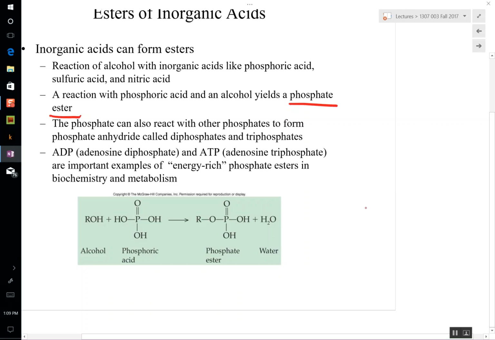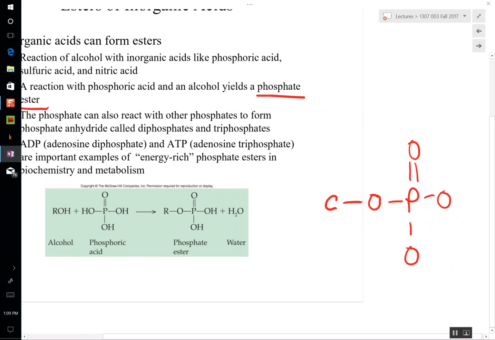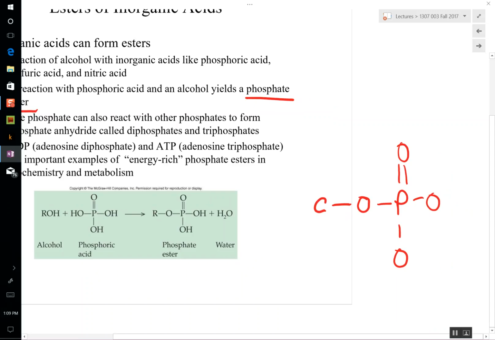So we're kind of looking at something like this. We've got a phosphorus with 4 oxygens around it. And actually, at physiological pH, these hydrogens will hydrolyze off of there.